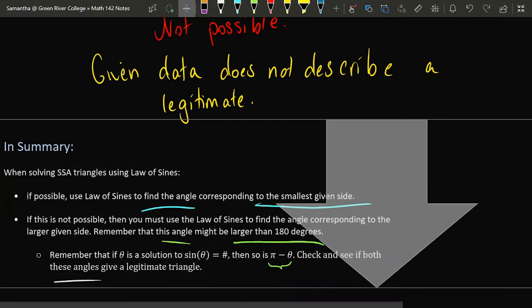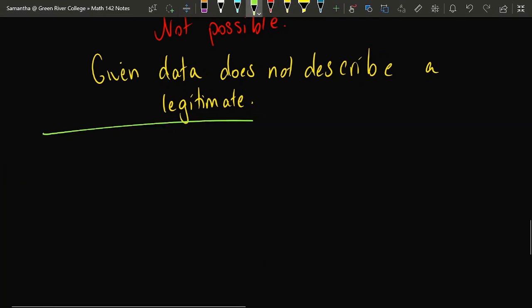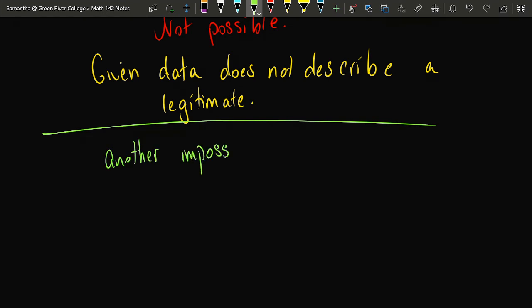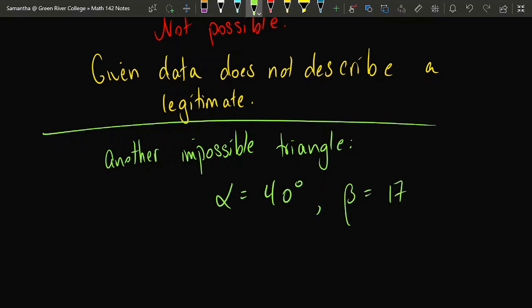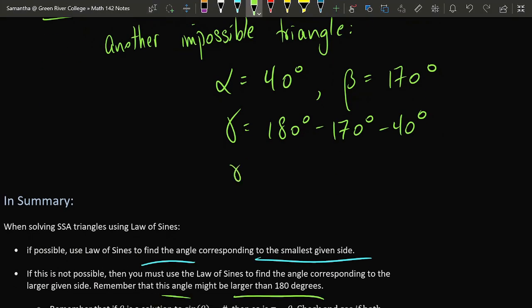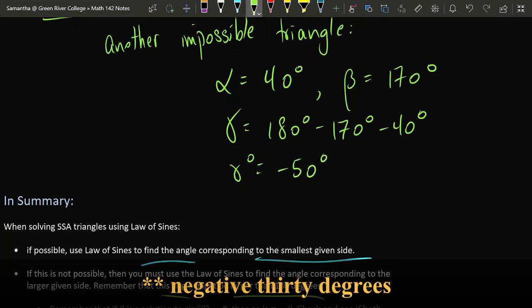Another way that you might end up with an impossible triangle is if you were given something like alpha equals 40 degrees and beta is equal to 170 degrees, right? In this case, if you try to find gamma, because of how big alpha and beta are, this would end up being a negative number. And for angles inside triangles, this is impossible.